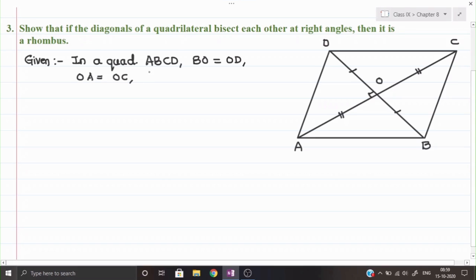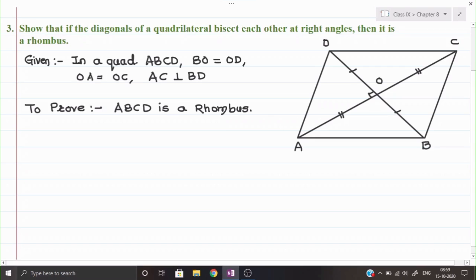And second, at the point O, diagonals AC and BD are perpendicular, so AC is perpendicular to BD. What do we need to prove here? We need to show that the given quadrilateral is a rhombus. So in 'to prove', we will write ABCD is a rhombus.